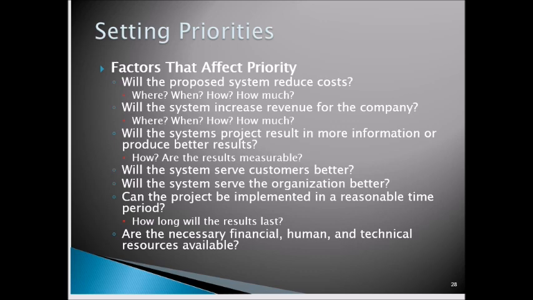Oftentimes, banks will evaluate something like this, and banks are very risk and security oriented, and change moves very slowly because they have so many committees and so many different pieces of oversight. A lot of bank systems are older because they don't really see the way it'll increase revenue.